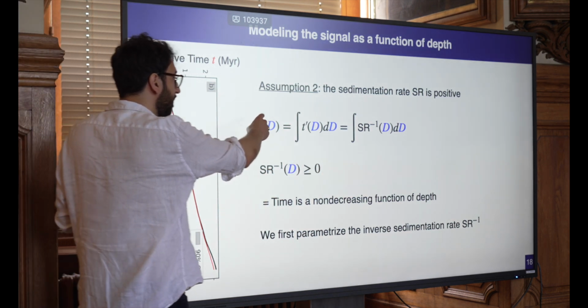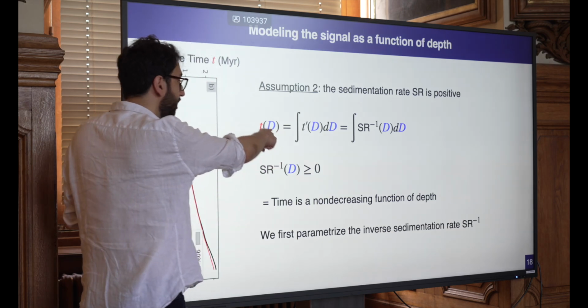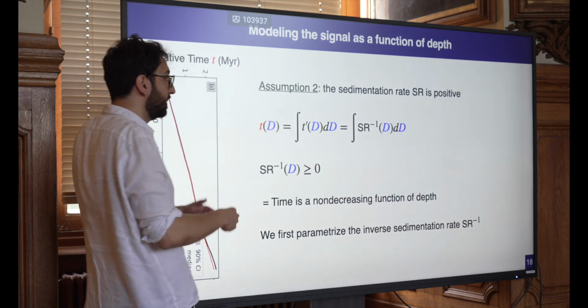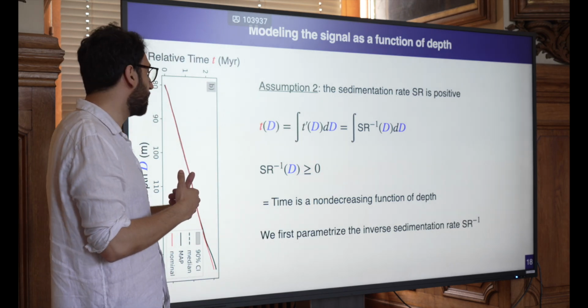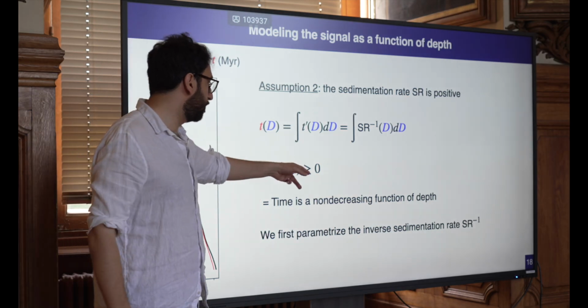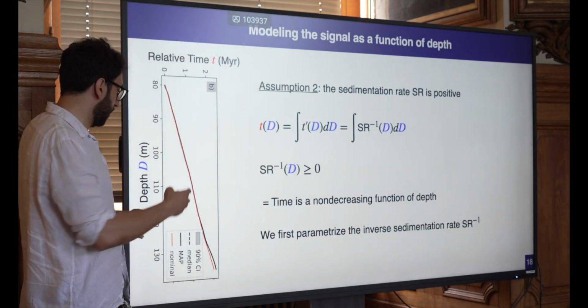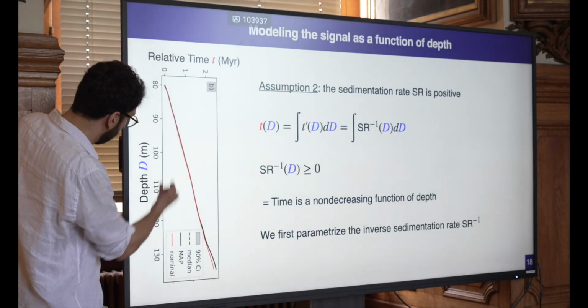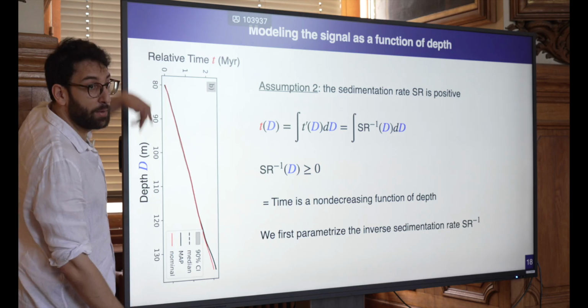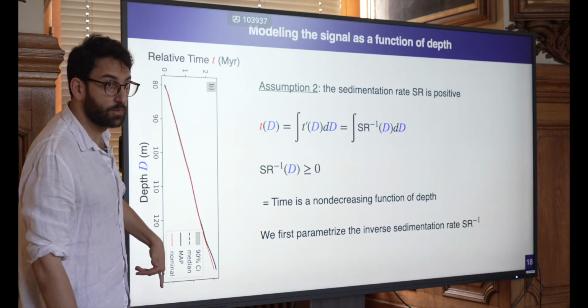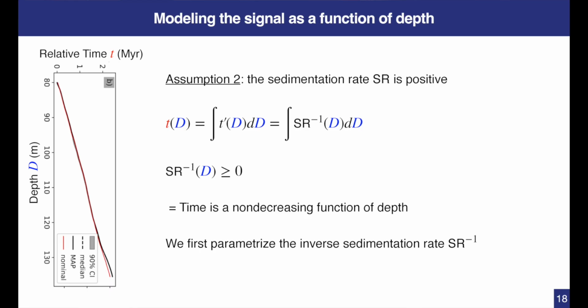So if you take the derivative of time as a function of depth, which is the inverse sedimentation rate, it has to be positive. It means that as you go further in depth, you go back in time. This can be relaxed maybe at some point, but in the current version of AstroGeoFit, this is the assumption.